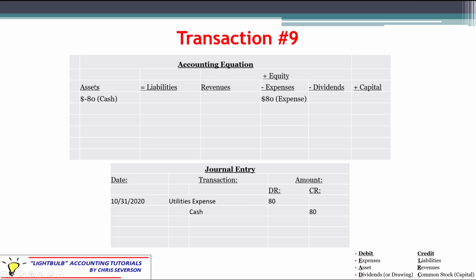Remember, the basic accounting equation, assets equals liabilities plus equity. There happen to be these 4 components of equity. 2 of them, however, when we increase them, we decrease equity. If we increase expenses or we increase dividends, that decreases equity.